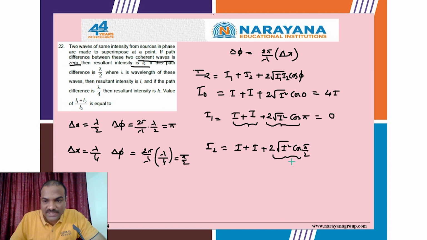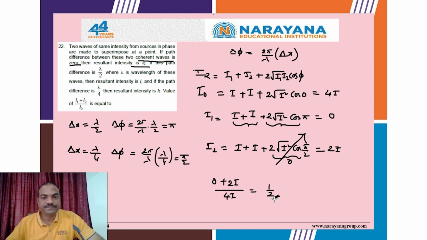Cos pi by 2 means the cross term goes to 0, so you get resultant intensity equal to 2I. They are asking for I1 plus I2 by I naught. I1 is 0, I2 is 2I, and I naught is 4I. So the ratio goes to 1 by 2.